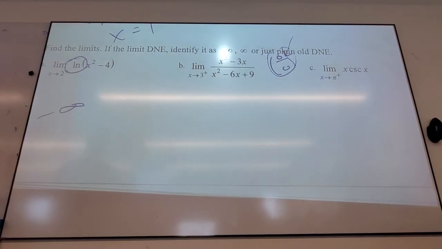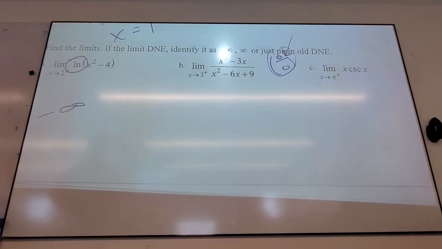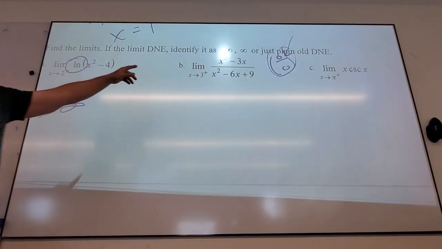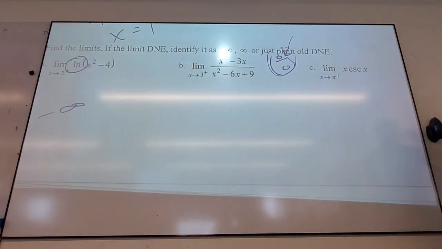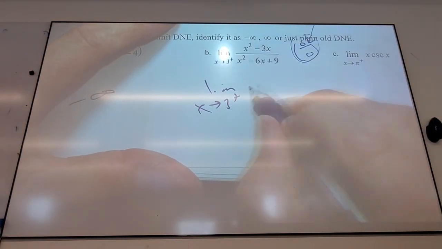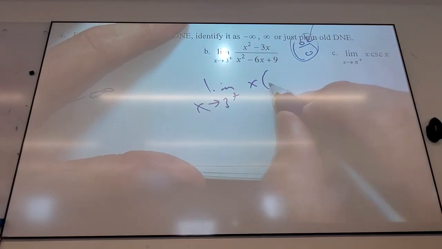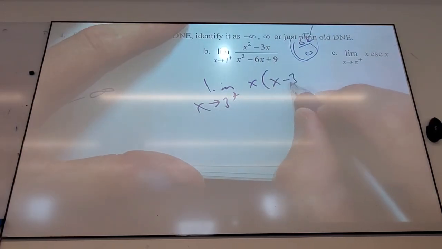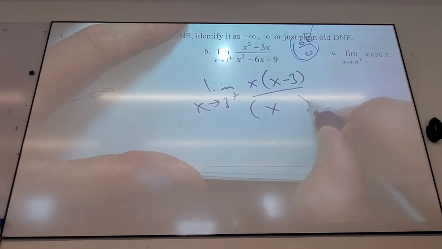We're going to have a rational function like that, and it's indeterminate. What is it screaming out to be done? Factor. What do you get when you factor the top? Good. What do you get when you factor the bottom?